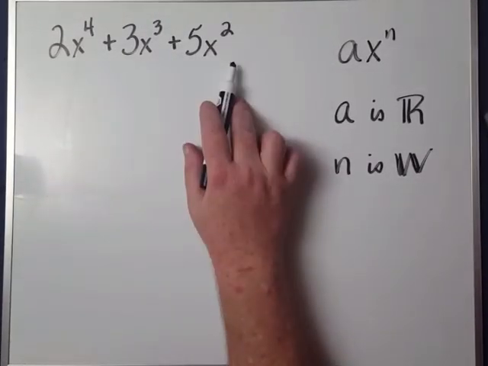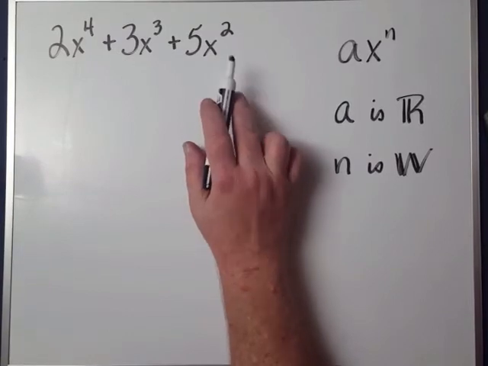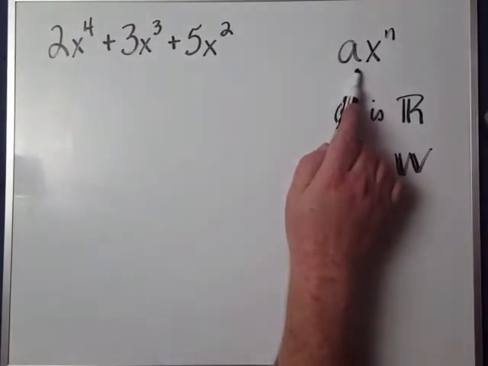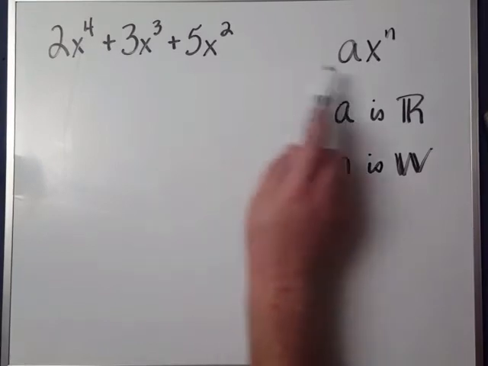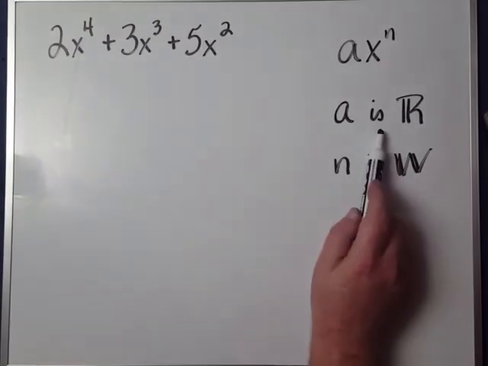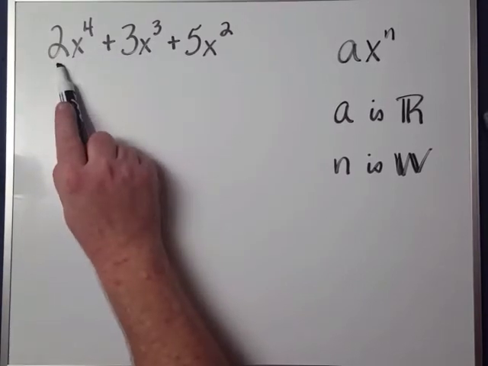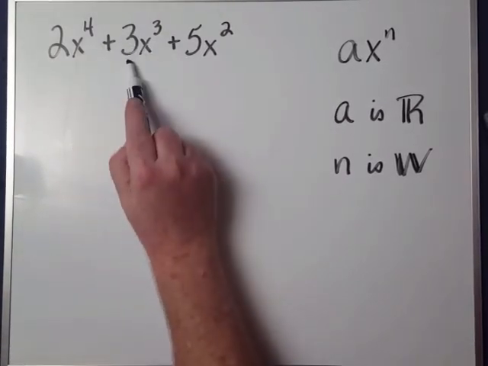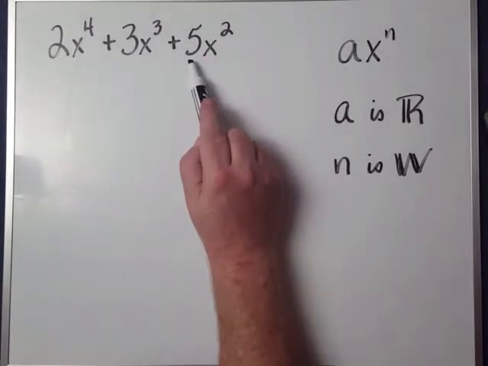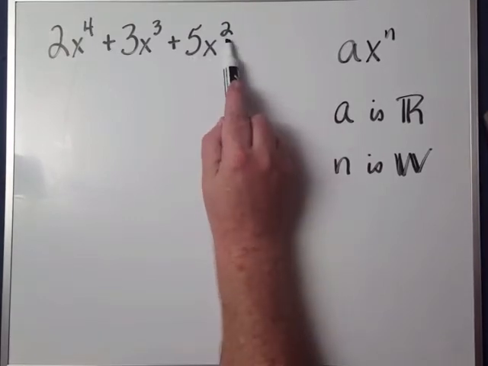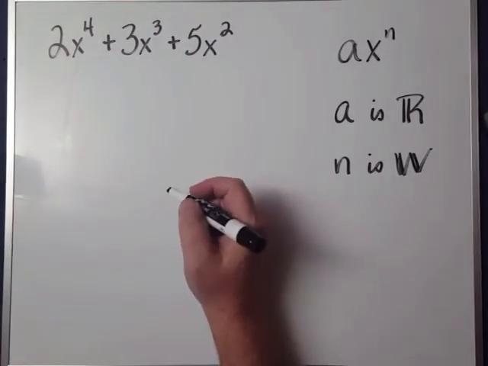It is the sum of three terms. And all of the terms look like ax to the n, where the coefficients are real and the powers are whole numbers. 2 is real, 4 is whole. 3 is real, 3 is a whole number. 5 is a real number, and 2 is whole. So yes, that is a polynomial.